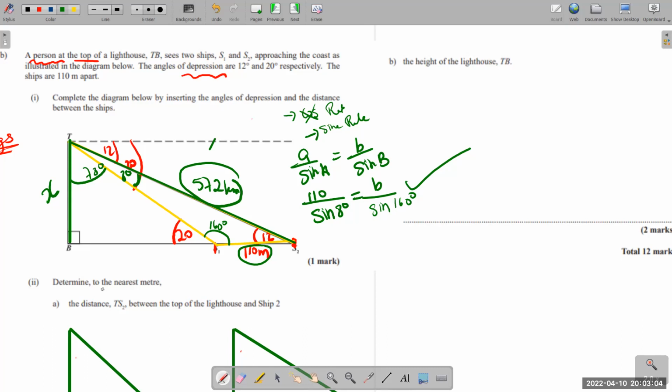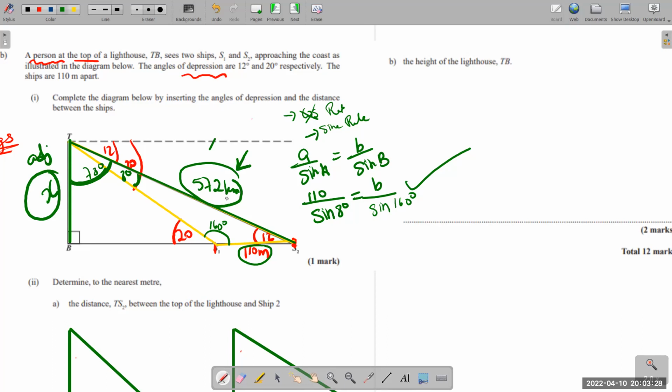No, guys, look at it. How is it going to be sine, if this is the angle here and we want X? How is it going to be sine when this is adjacent? Remember, it's going to be cos because we have a hypotenuse. You see it?